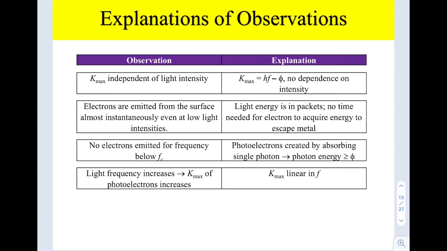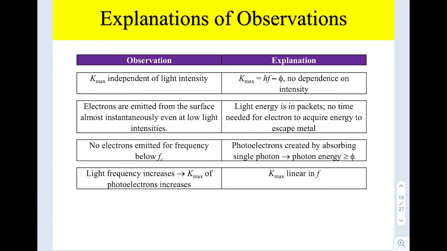Because the kinetic energy maximum is equivalent to hf, Planck's constant times the frequency, which is the energy from our photon or incident light, minus the work function of the metal used as the emitter. No dependence on intensity. Within this formula, there is no intensity. That is why this happened.